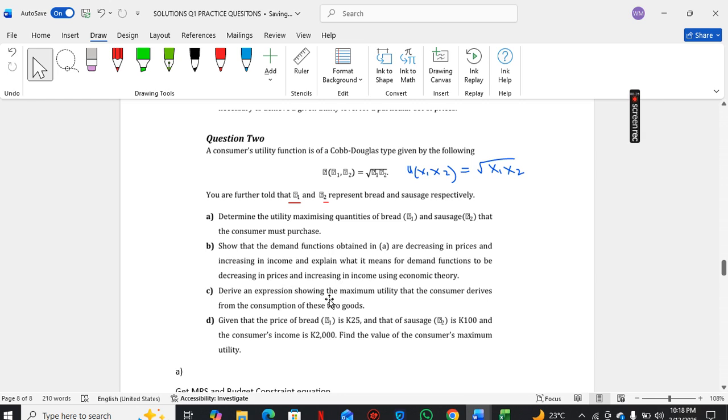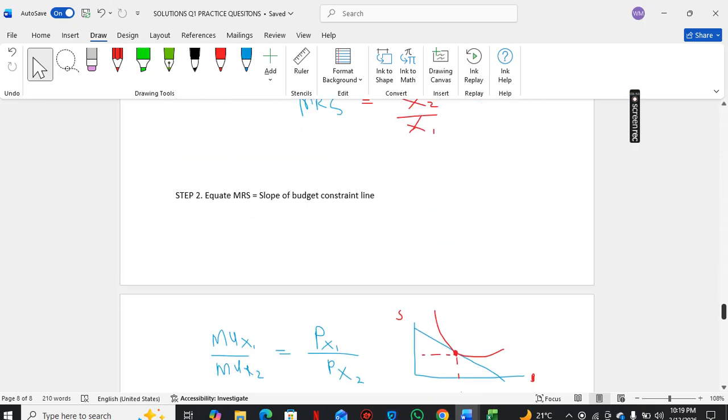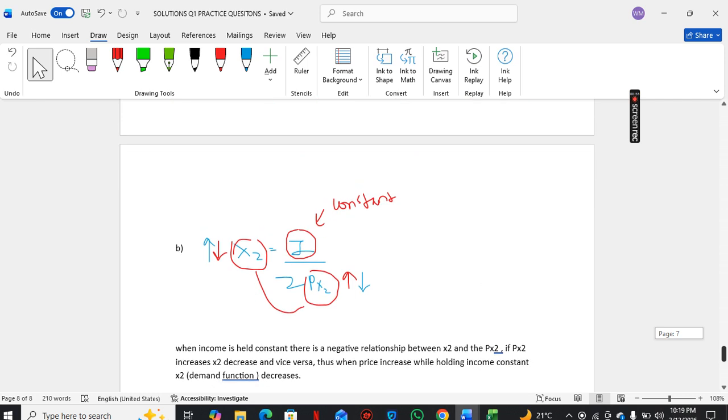Derive an expression showing the maximum utility that the consumer derives from the consumption of these two goods. Okay, so this expression is called the indirect utility function. The indirect utility function gives you the maximum utility you get when you consume these goods, or the maximum satisfaction you get when you consume these goods.